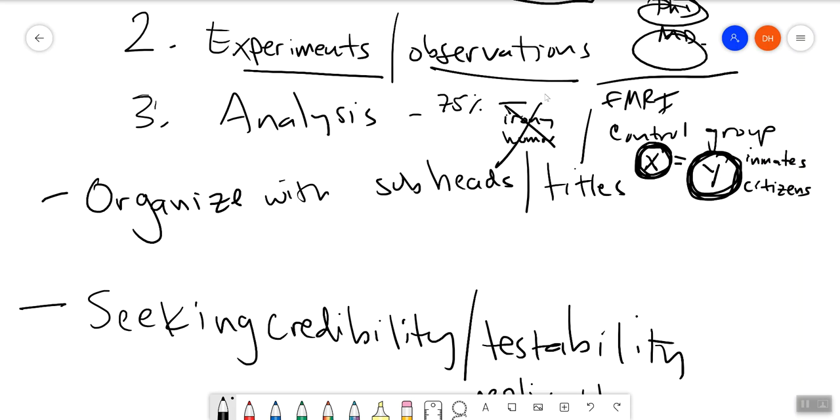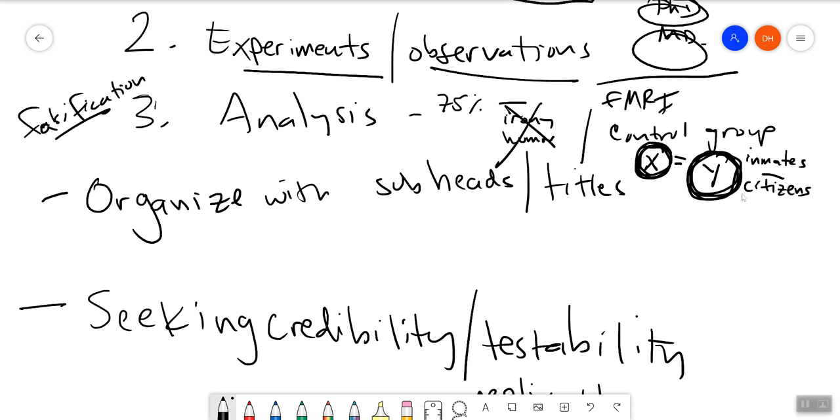It's still valuable, because remember back to our discussion of Karl Popper and falsification in science. We're always trying to falsify our hypotheses. So by having a control group of just normal people, or I guess normal inmates, what that control group sets up is a falsification criteria.